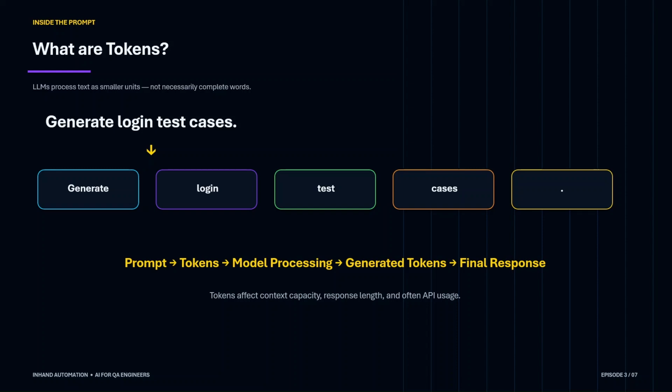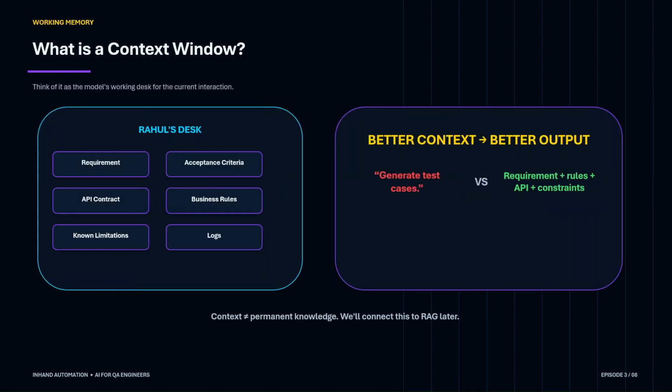Now, Rahul has a huge requirement. Rahul learned about tokens and he becomes very confident now. Then Rahul takes 200 pages of requirement documents, which include an API document, previous test cases, architectural notes, and several logs, and he tries to provide everything at once.